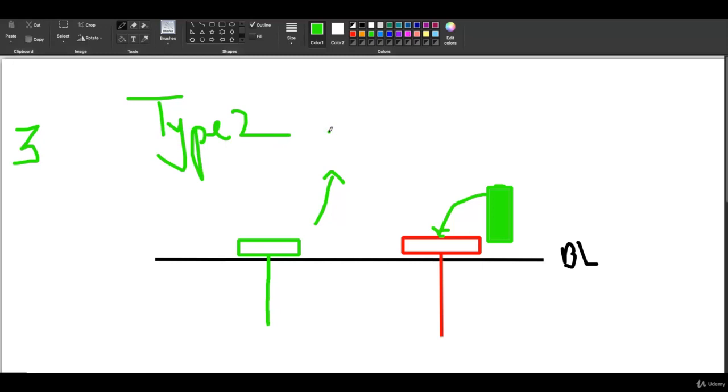Now why are we calling this bullfight, and why are we calling the next lecture a bear fight? Because here what is happening is that it is representing the strong presence of bulls, not the bears. Here you can clearly see the strong presence of bulls, which represents that here we can place our entry, and now the market is having strong pressure from bulls.